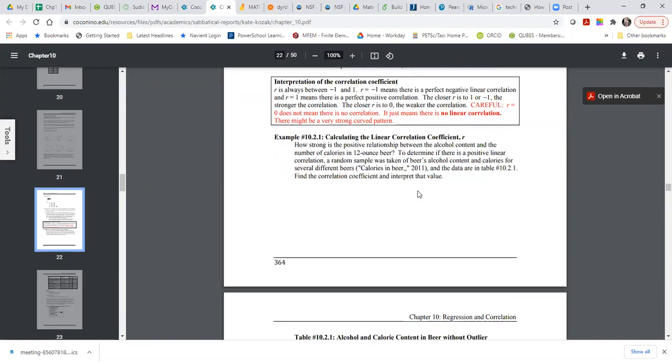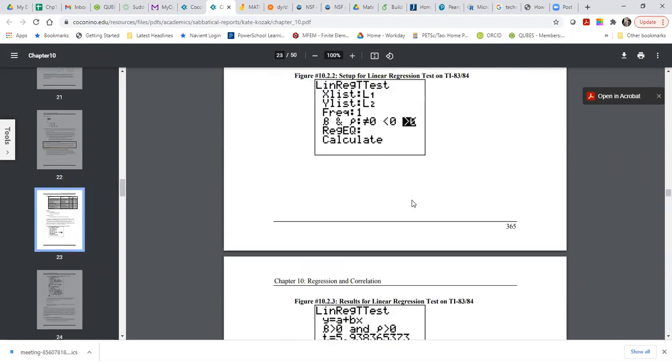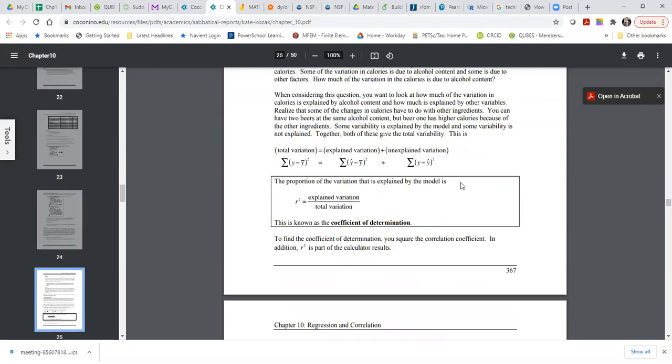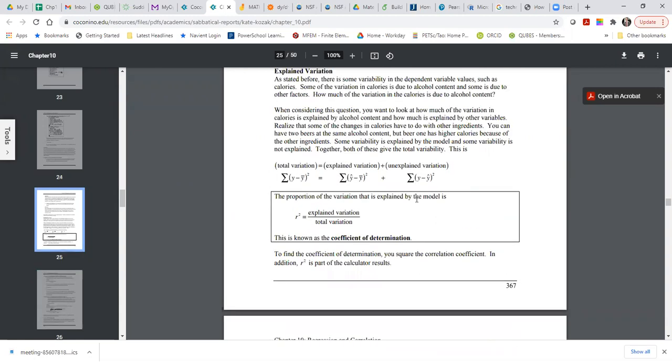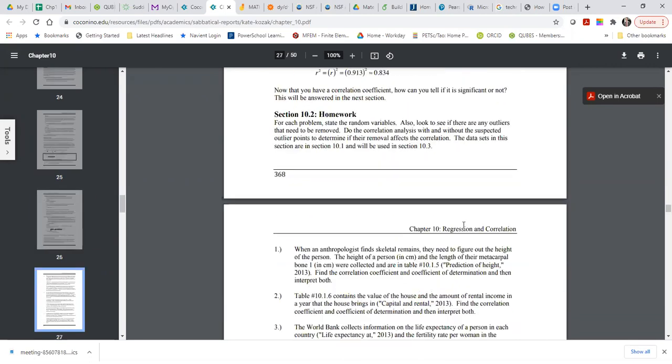Okay. Yeah, so remember this: R square is the coefficient of determination. Okay.